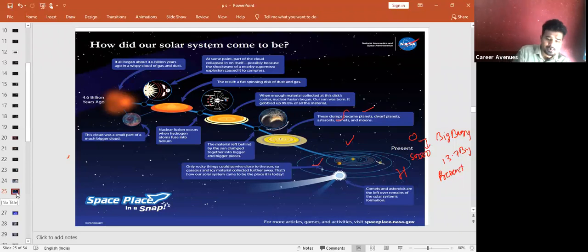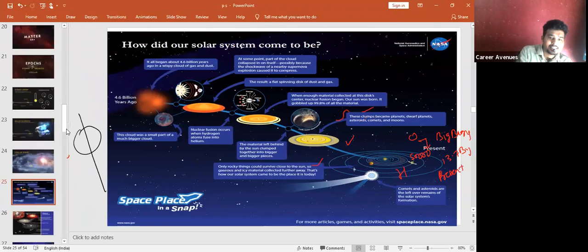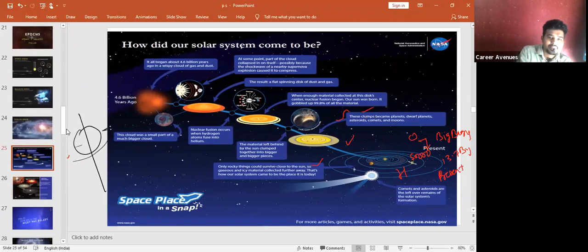So what happens is, due to this rotation along its axis, here we have certain bulge. Now think of it, it is very gigantic in nature. Slowly, this whole sphere gets converted into a disk.